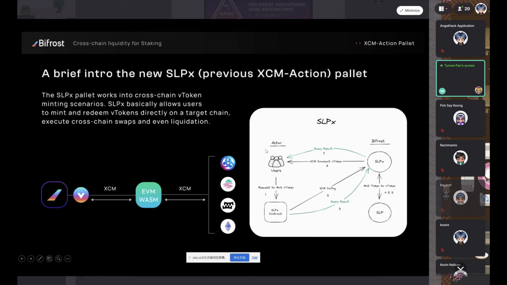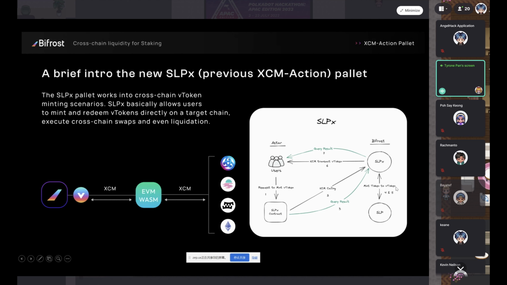So on the Astar or Moonbeam side, if you are a native user, you're required to mint a vToken. The liquid staking token of Bifrost is vToken. You interact with the SLPX contract. The contract will call the SLPX pallet via the XCM to Bifrost.